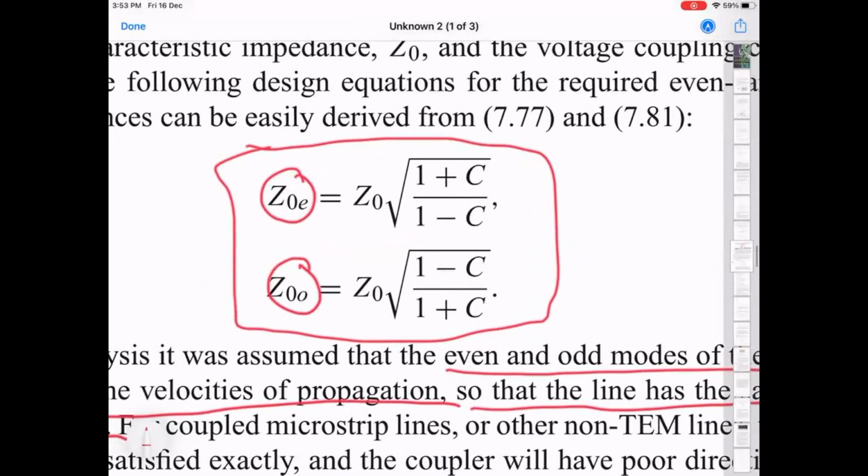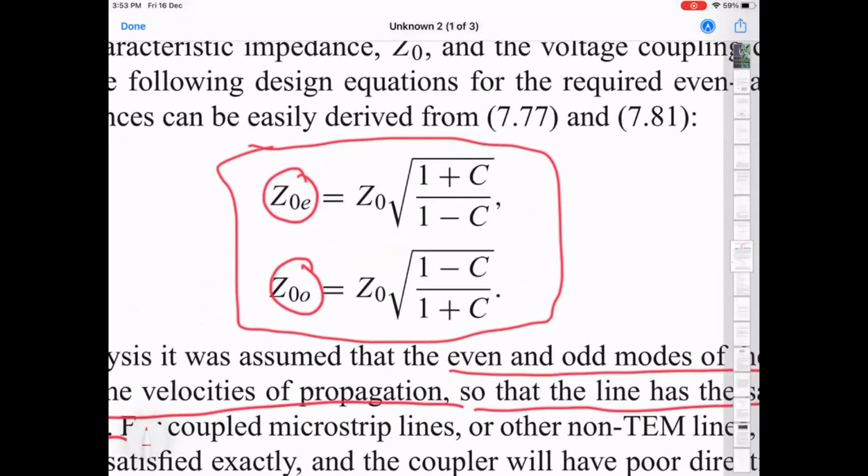Okay. So at the end of the day, the design principle is actually very easy. All you need to do is decide C based on your application. As I said, C is typically 0.1 or 0.01 in power. And then you just know the even and odd mode impedances you need in order to achieve that. The length is lambda by 4, which I forgot to mention.